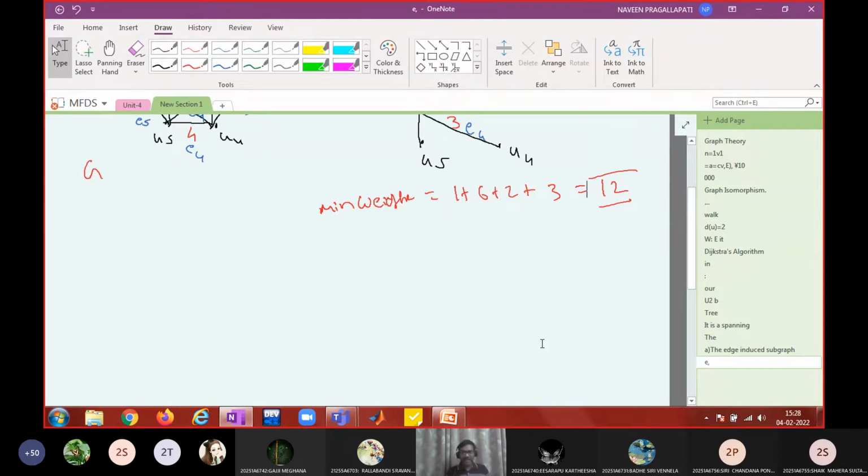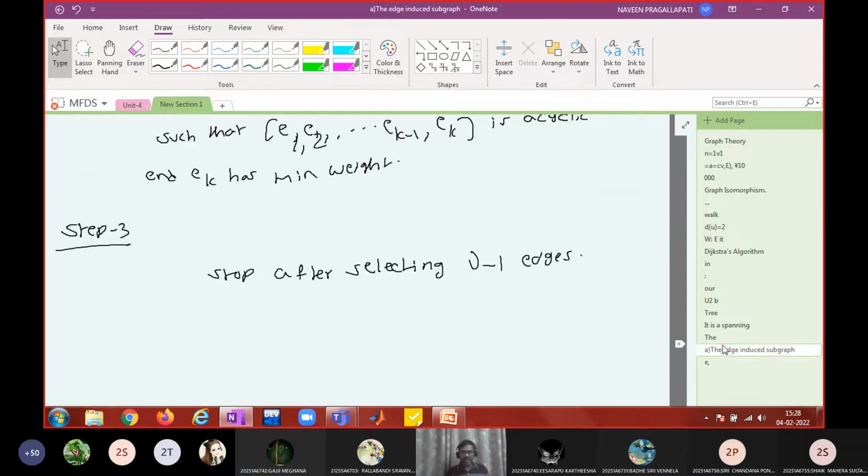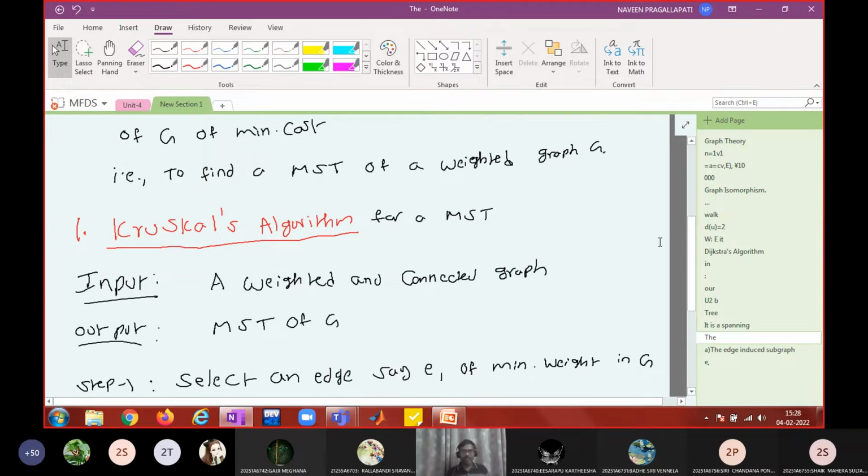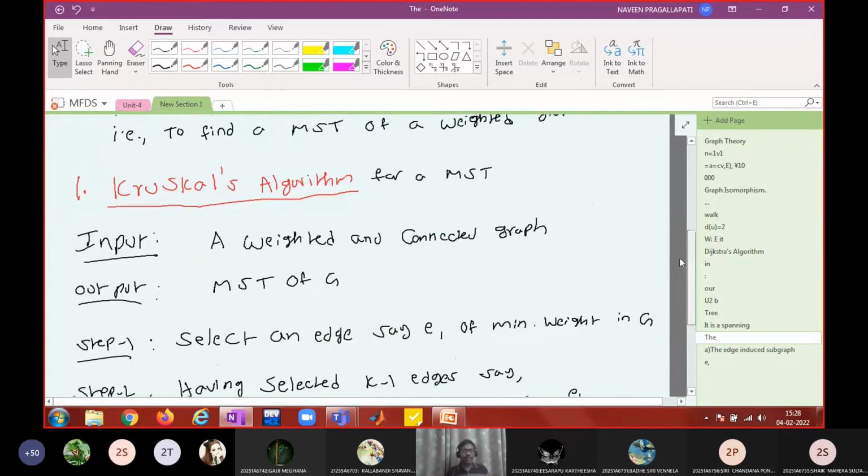So shall we remove the condition on connectedness so that I will add this sentence? Okay.